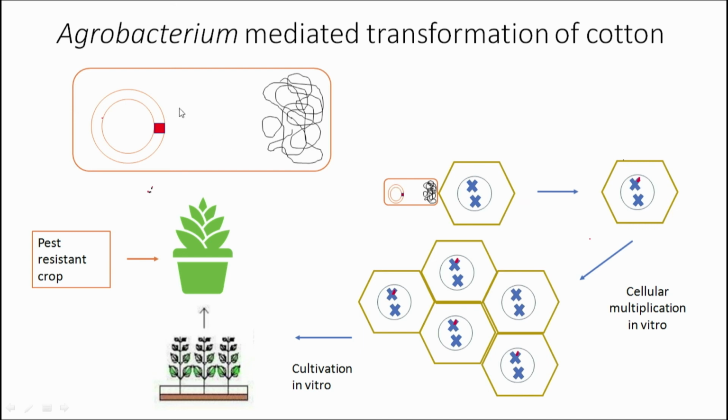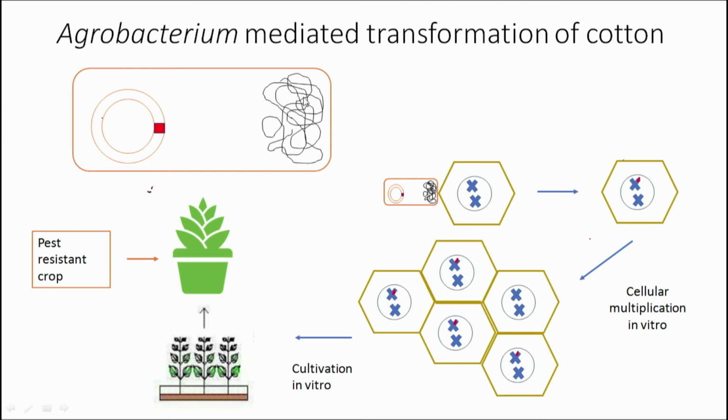Okay. So, again we have an agrobacterium here, which is shown by this orange box, and the bacterium contains its own chromosomal DNA, which is shown, and then it also contains this Ti plasmid. The Ti plasmid contains this cry gene, which can code for this particular toxic protein. Okay.